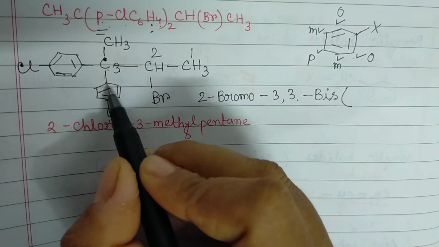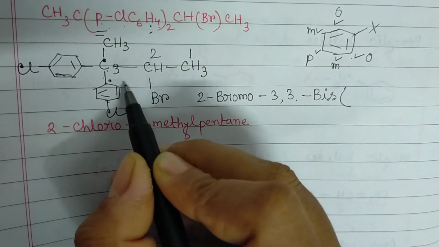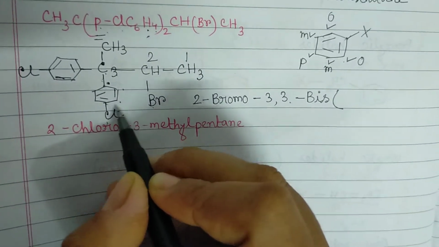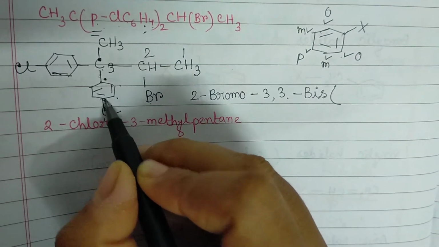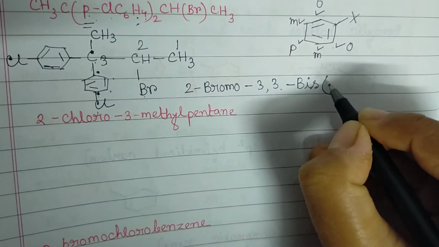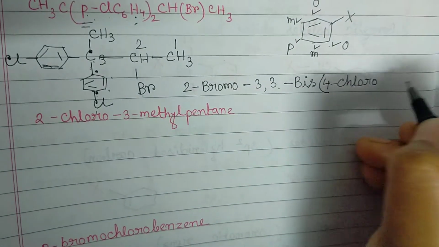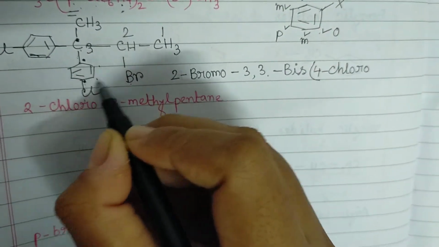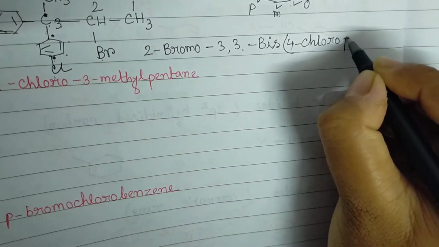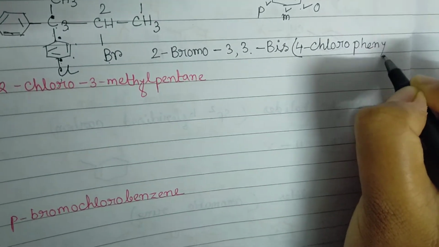See, if this is the position 1, then this is 2, this is 3, and this is 4. So in 4th carbon there is chlorine, so it will be 4-chloro, and after that for benzene ring we have to write down the name that is phenyl.